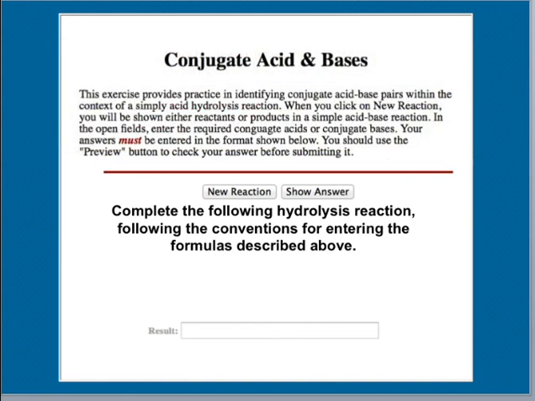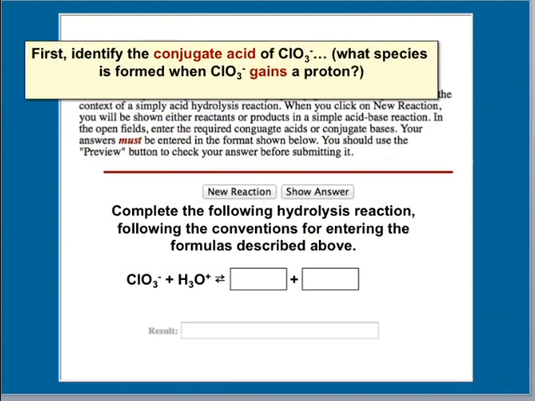Let's do another one. Here we're looking for the products. We have ClO3 minus and hydronium. Take a second, think about what the products of this reaction are going to be. Now the logic. ClO3 minus is a conjugate base to what?